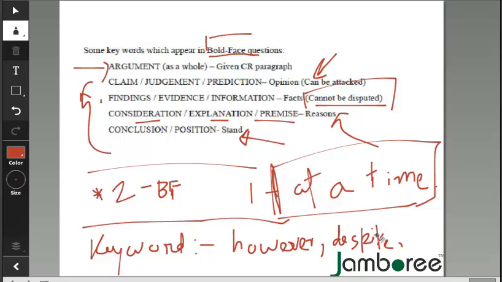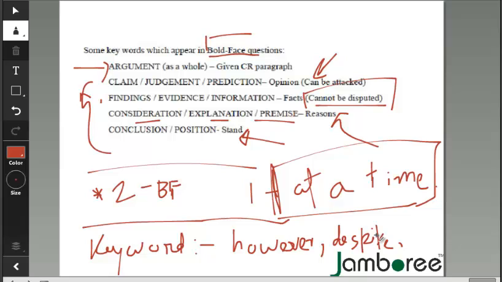Very often you will be down to two options. One option will say that the first boldface is supporting the second boldface. The other option will say that the second boldface opposes the first boldface. If you have the keywords that indicate a contradiction or contrasting opinion, then you know which option to choose.